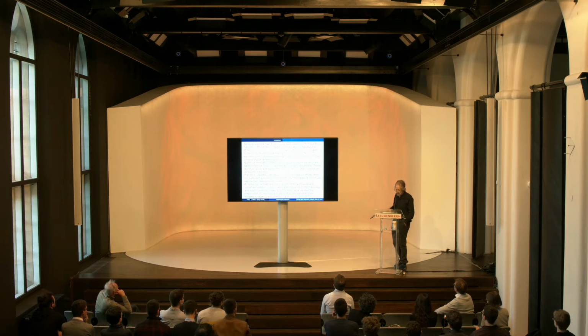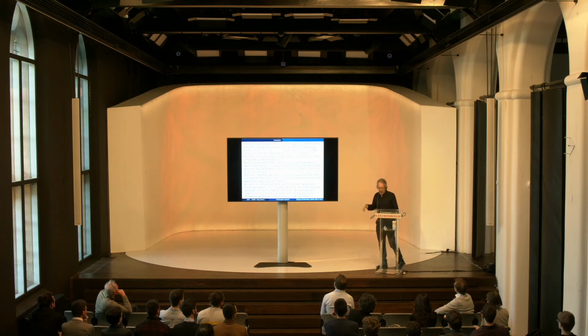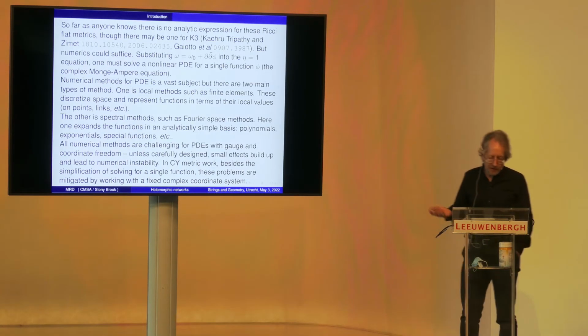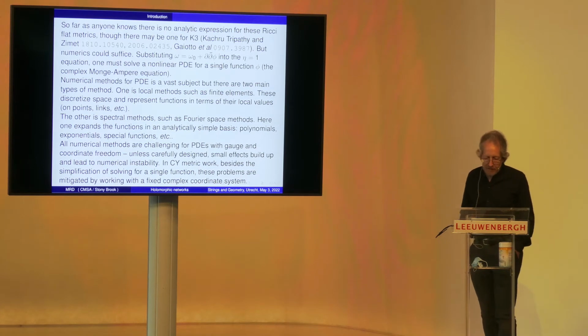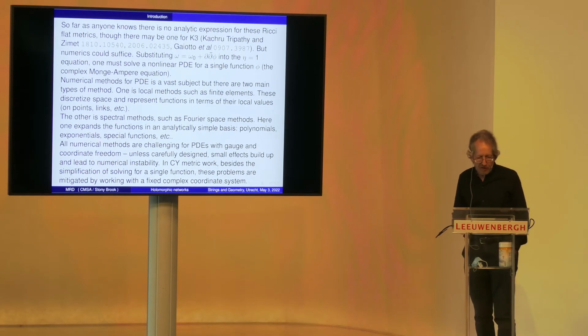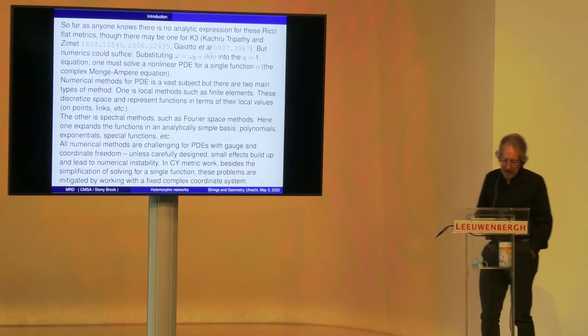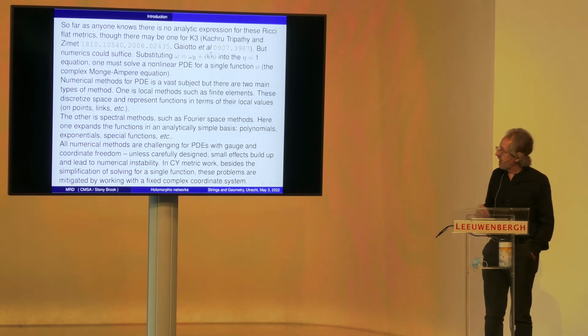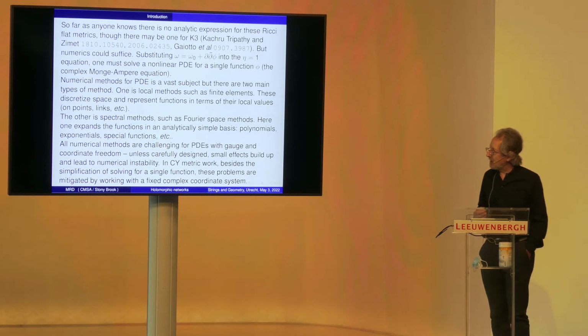And the biggest disadvantage is that they are really hard to program. There are people who professionally write code for this sort of thing, because of course it's Navier-Stokes and many important equations, but we don't have that kind of time to spend. And then the other general category is spectral methods.